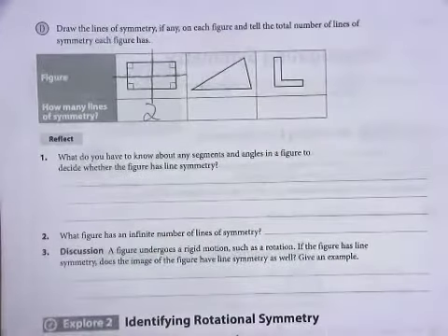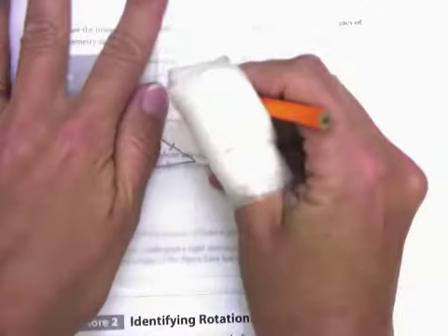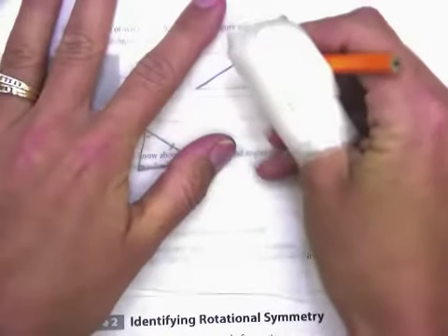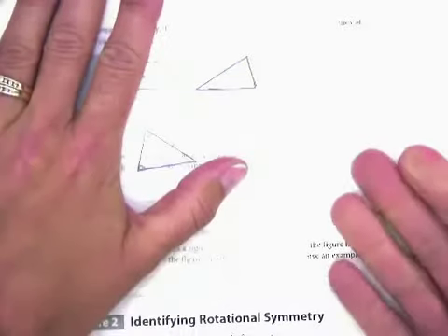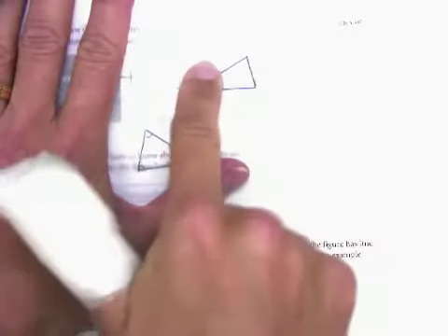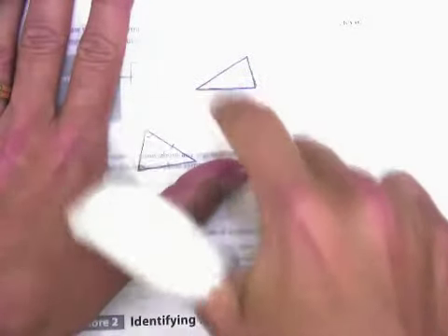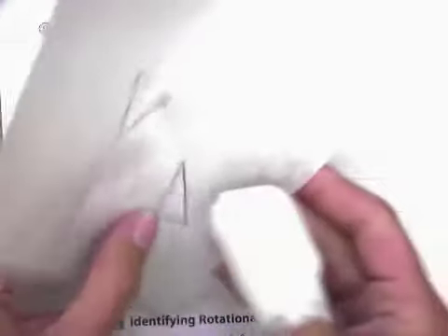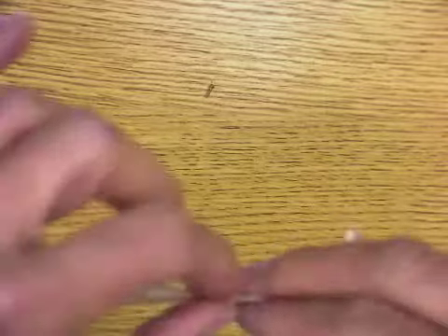Now this triangle, it doesn't say that anything is equal, but let me try tracing it. And checking to see, because I know I can't fold this side to land on this side or this side to land on this side, but maybe these two sides can fold together and form a line of symmetry. I don't know. Let's see.